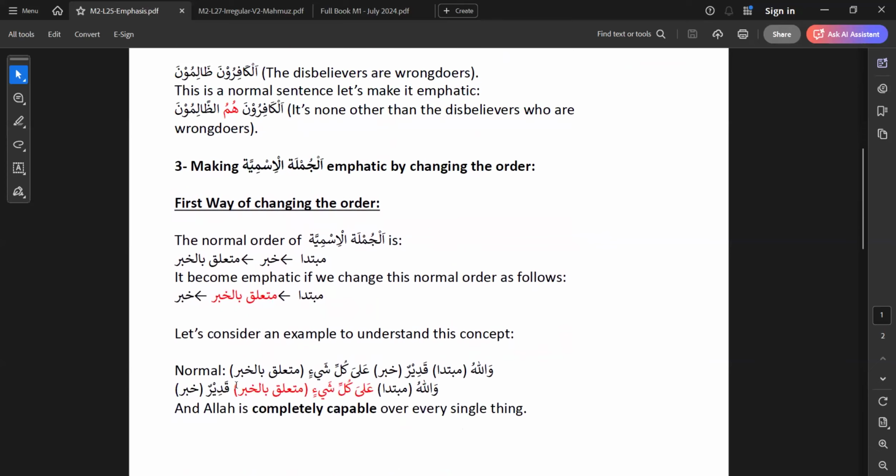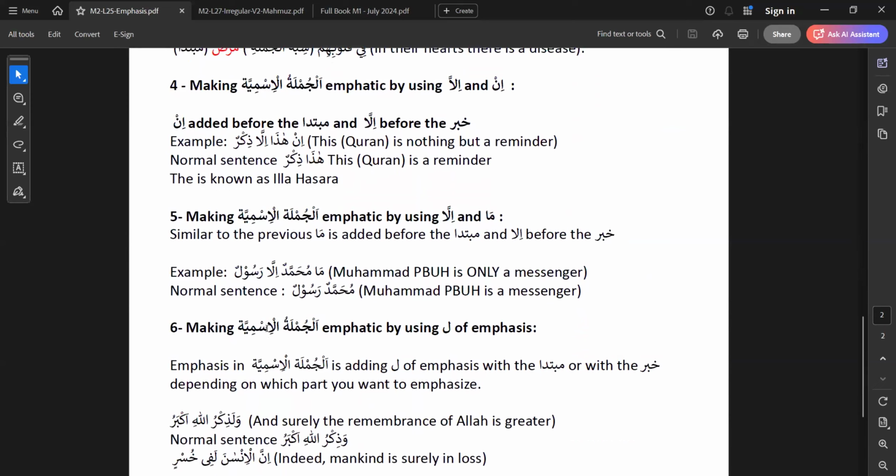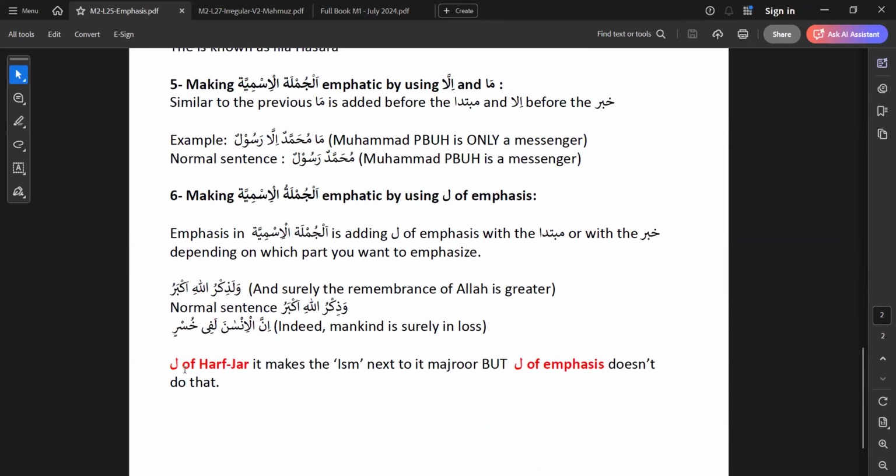I believe we know about the changing of the order, the inna and illa, similarly ma and illa. These are techniques used to add emphasis. We know about lam tawkid, even if you're not familiar with the terminology. Most of you are familiar with that.